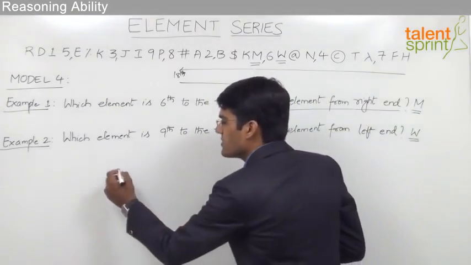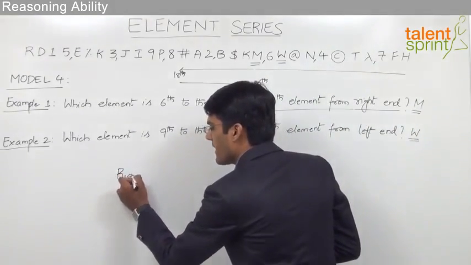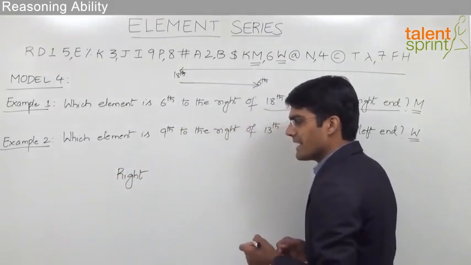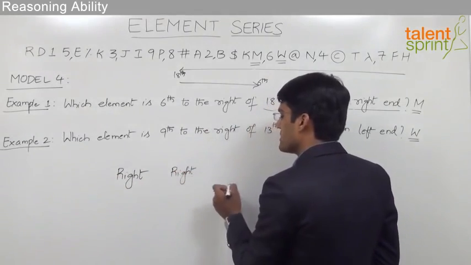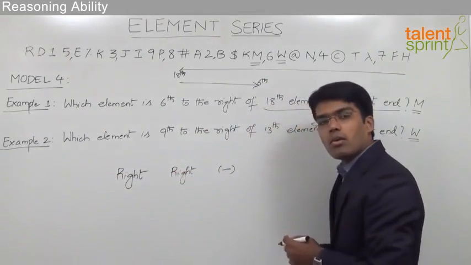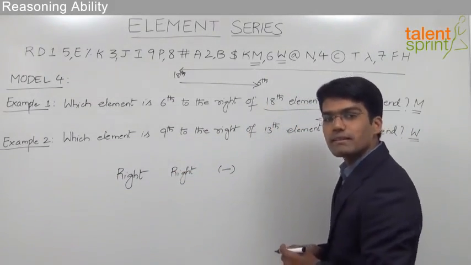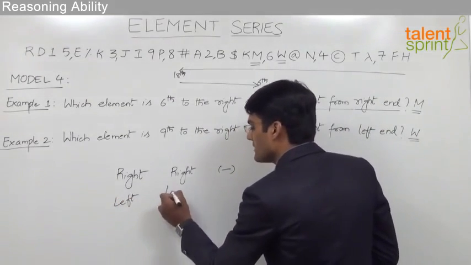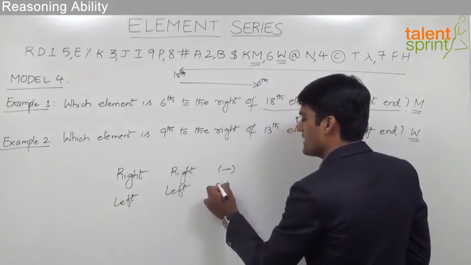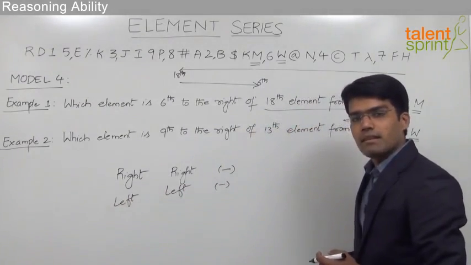The simple table which needs to be followed is: whenever we are finding out an element in the right direction and that is from the right end, the positions have to be subtracted, or the difference of the positions should be taken. Similarly, when an element is required in the left direction from the left end, the positions again should be subtracted.